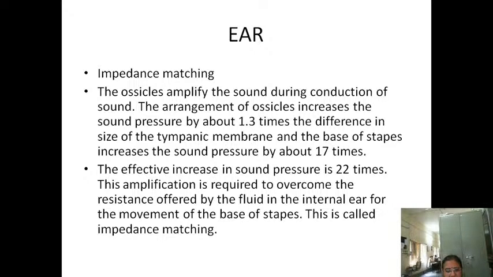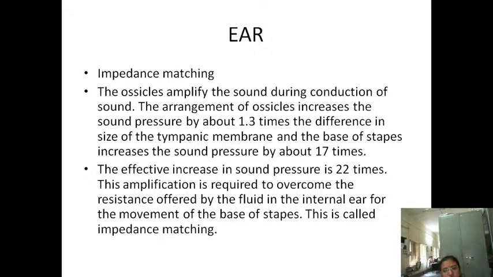So the effective increase in sound pressure from the tympanic membrane to the stapes at the oval window is 22 times. This amplification is required to overcome the resistance offered by the fluid in the internal ear. The internal ear has fluid, so this is needed for movement of the base of the stapes. This is called impedance matching.